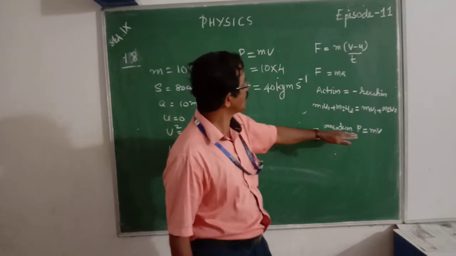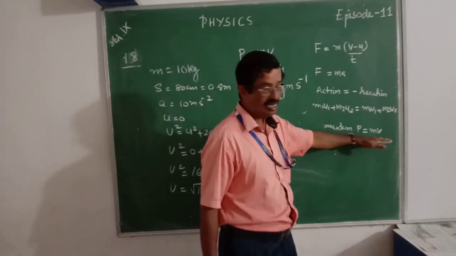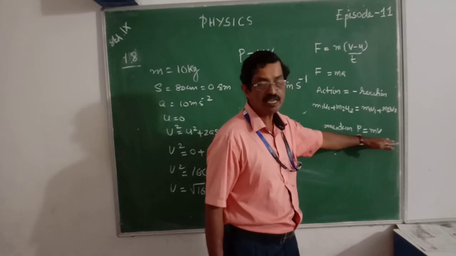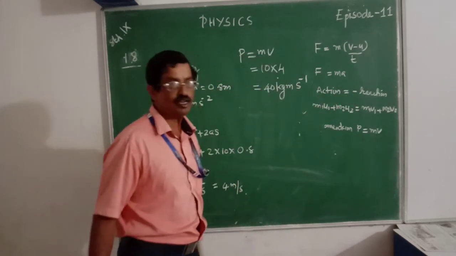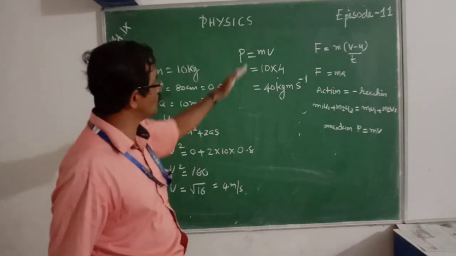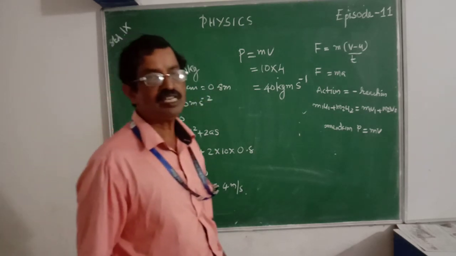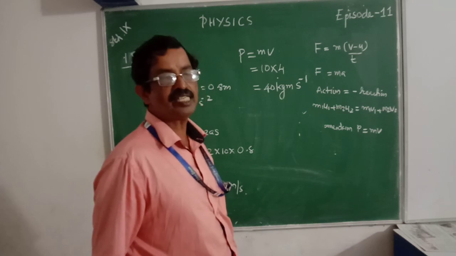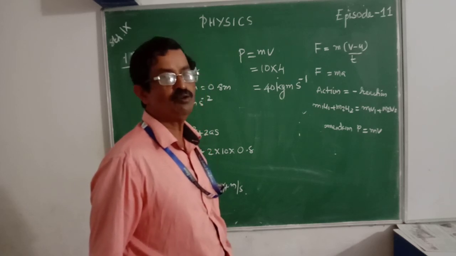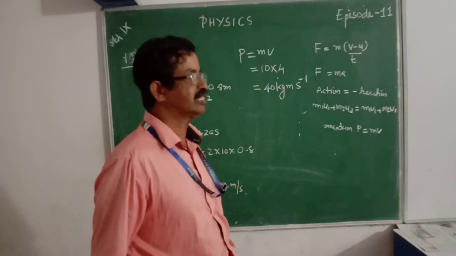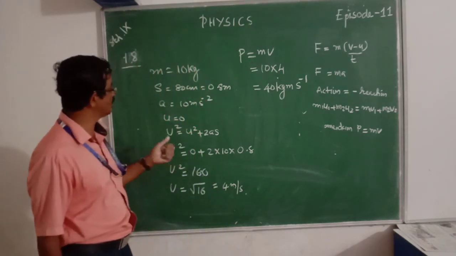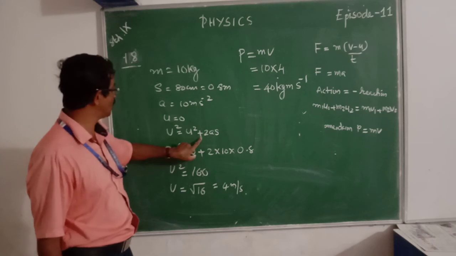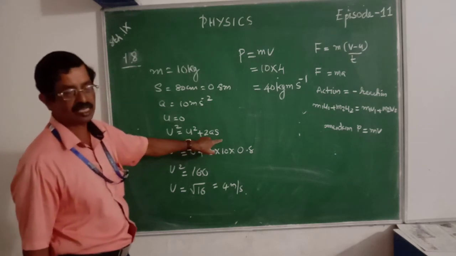Then the relation connecting momentum: p is equal to m into v. Then some equations of motion you also want to remember here. One is v is equal to u plus at, second one s equal to ut plus half at square, and the third one is v square is equal to u square plus 2as.